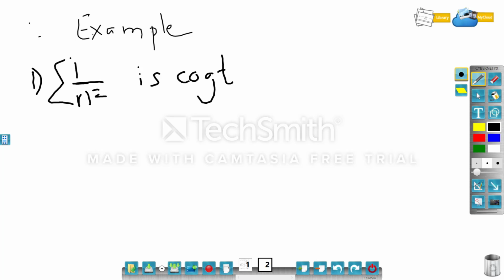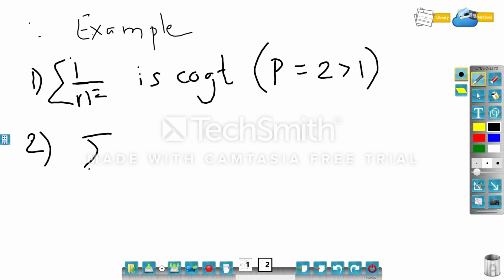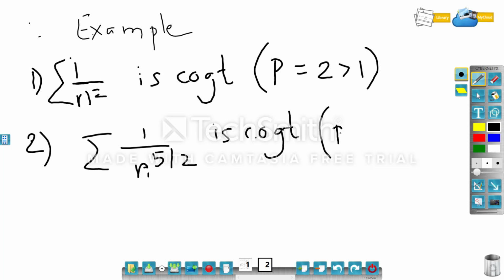The explanation for this: p is equal to 2 over here, which is greater than 1, so it is convergent. Similarly, the series 1 upon n to the power 5 by 2 is convergent. The explanation: p is equal to 5 by 2, which is greater than 1, hence it is convergent.